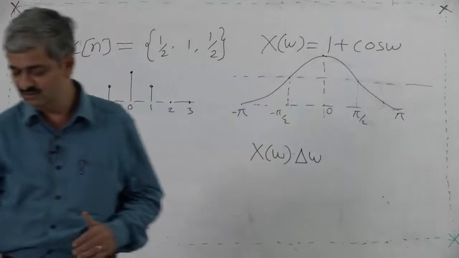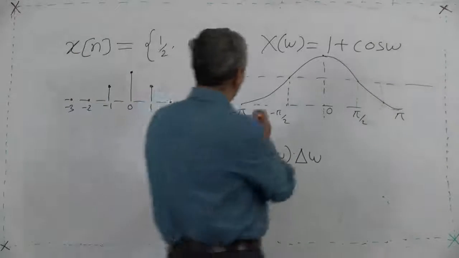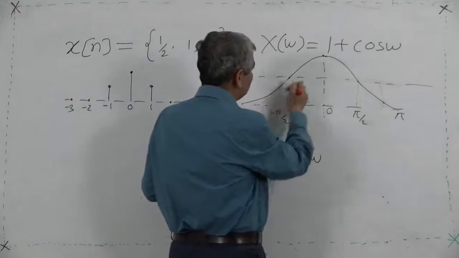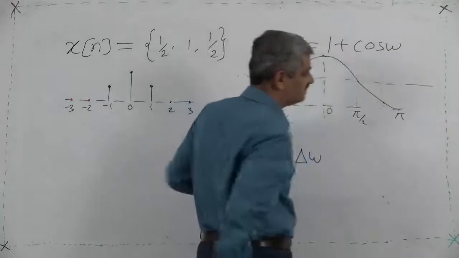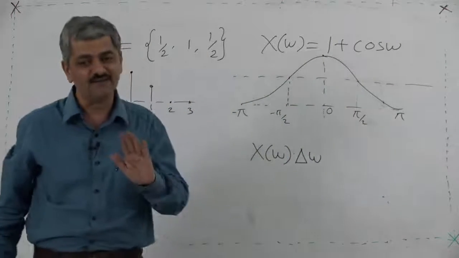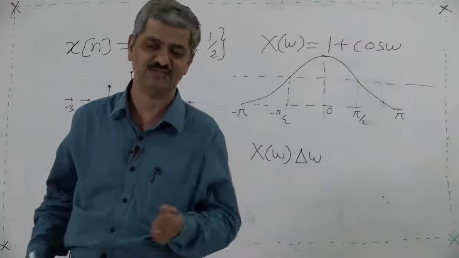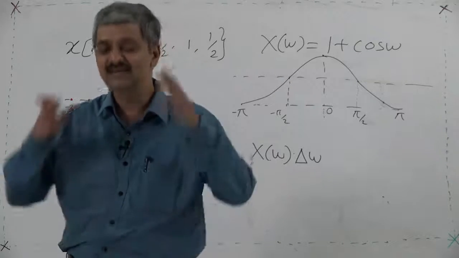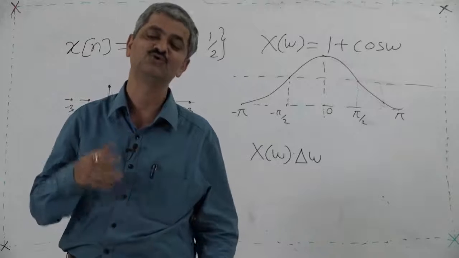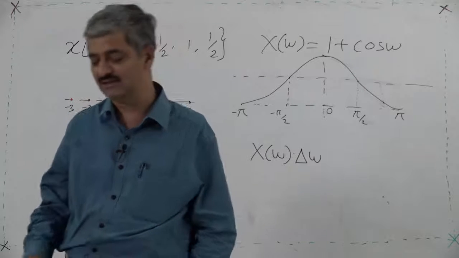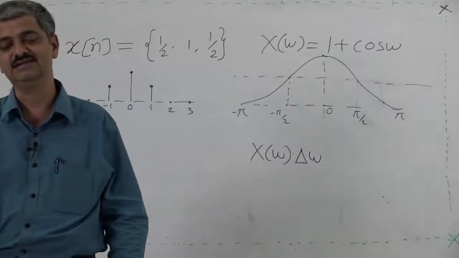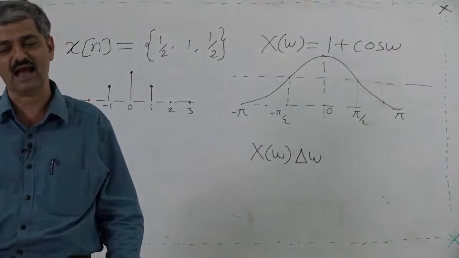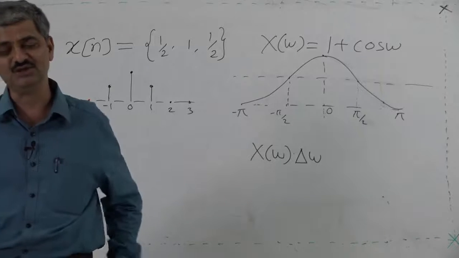What we do, so X(omega) is a continuous function which tells me weights of infinite subcomponents. But infinite subcomponents I cannot imagine at once. So, what will I do? I will try instead. So, what am I claiming?